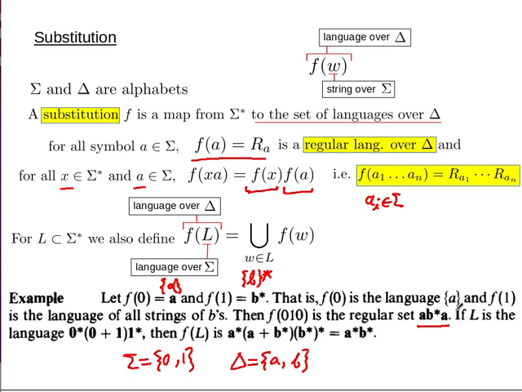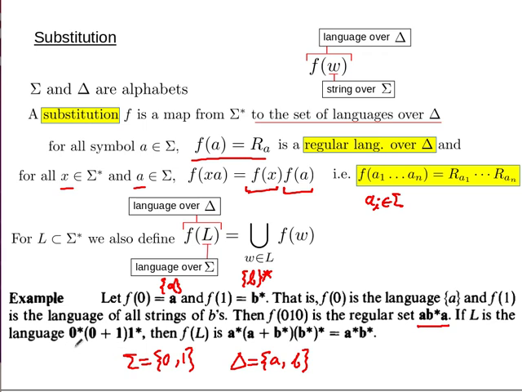And then you can take some language over the sigma. Suppose you take this language. Again, these are all regular expressions. So you should be comfortable with regular expressions to read this sort of thing. So please, if you are not comfortable, go back to those regular expressions videos.